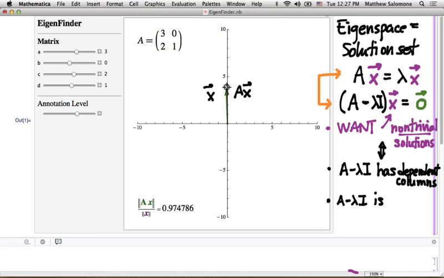It has a free variable, and so it has non-trivial solutions to the homogeneous equation. The solution to the homogeneous equation is not unique. Yeah. But those are all statements about its columns. We can also think about the rows. If it has dependent columns and it's square, that means that one of its rows is missing a pivot also. So it has dependent rows.